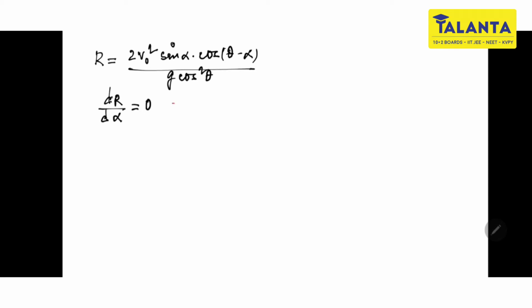So if we differentiate this equation with respect to alpha, then ultimately it becomes d by d alpha of sin alpha into cos of theta minus alpha equals to 0.